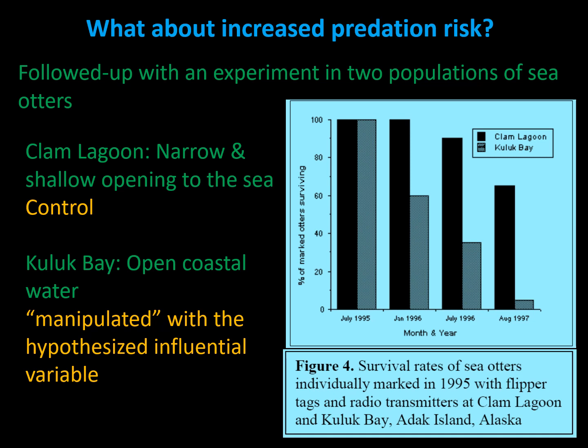Now, why is this? How come sea otters are apparently declining in the Clam Lagoon, which actually prevents predation? So obviously that's not predation, right? Now take a look at the title of the y-axis, percentage of marked otters surviving.